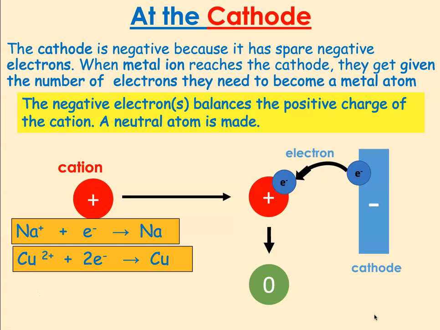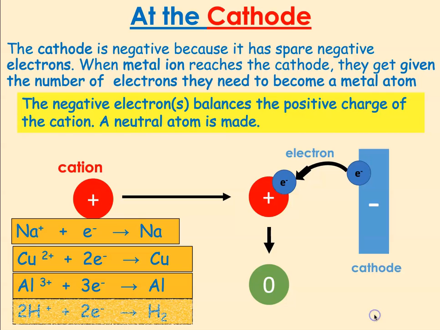Cu2+ plus 2 electrons gives us Cu. Al3+ plus 3 electrons gives us Al. And 2H+ plus 2 electrons gives us H2. You notice we've had to have 2 H+ because hydrogen as an element goes around as a diatomic molecule, that means 2 atoms together.